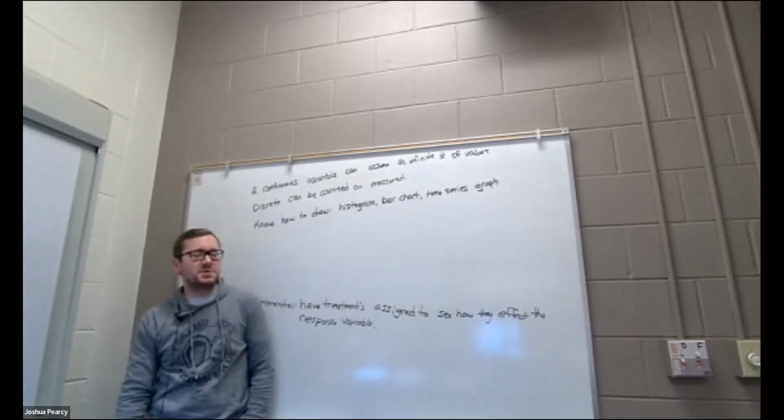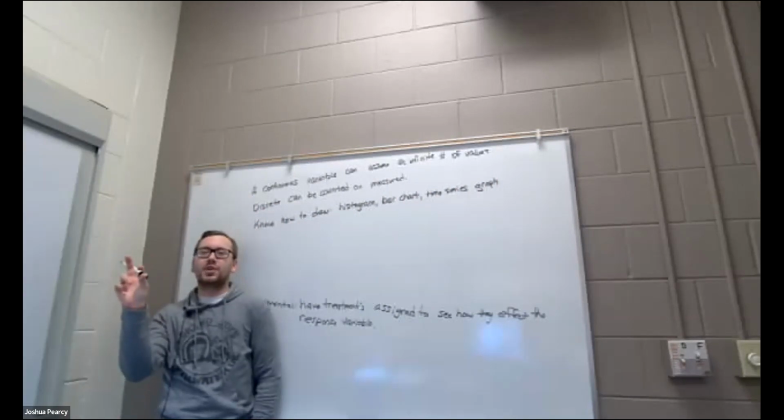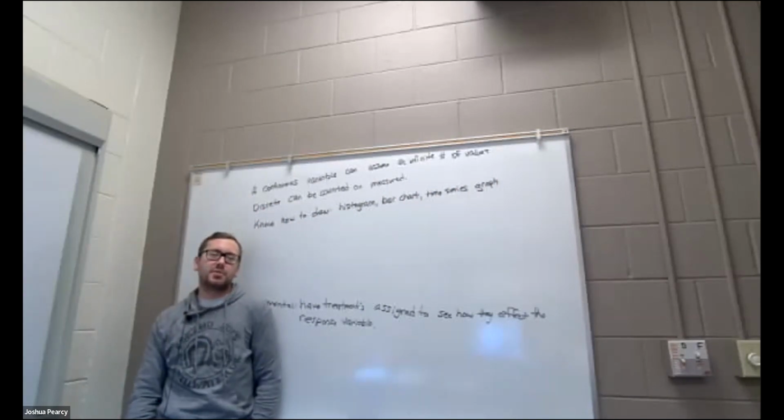So what was the difference between a histogram and a bar chart? Anyone remember? So histogram dealt with numerical data, bar chart dealt with categorical. So we were basing something off categories, and then the height of the bars were based on the number of people that fell into that category.